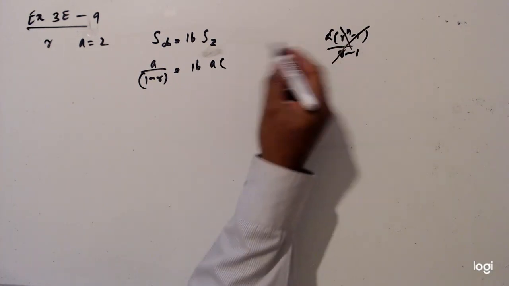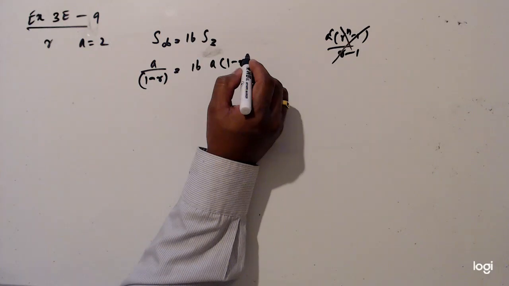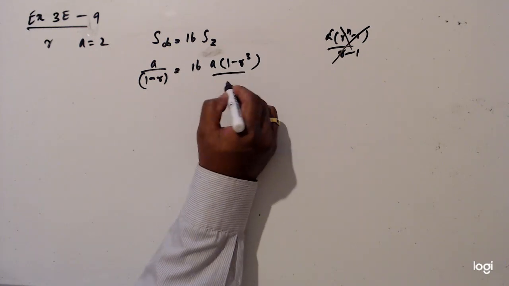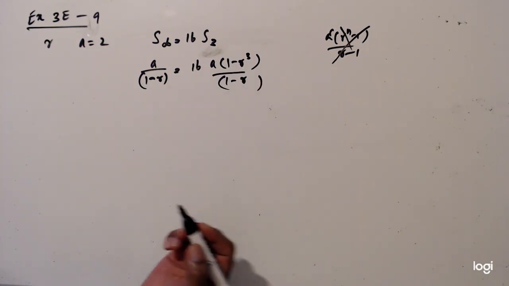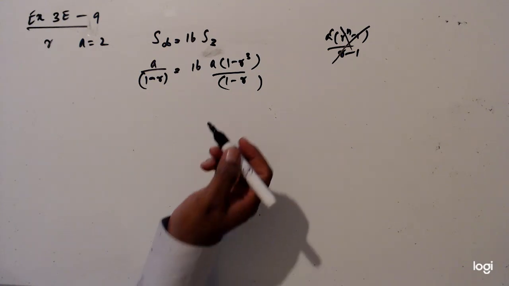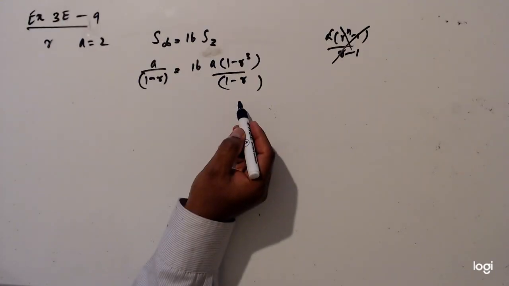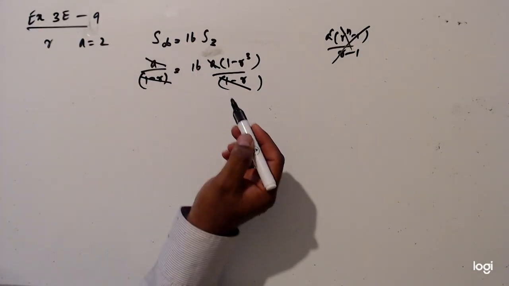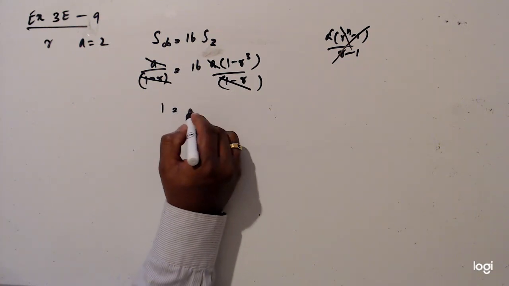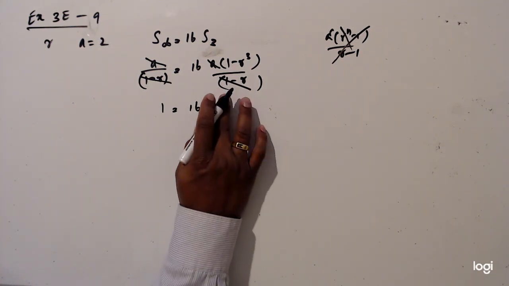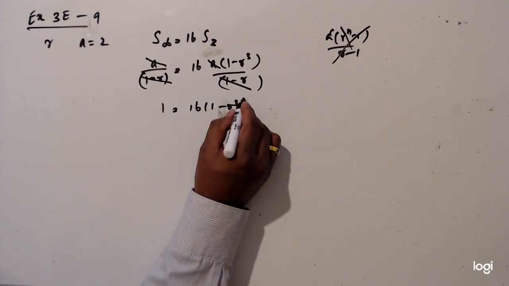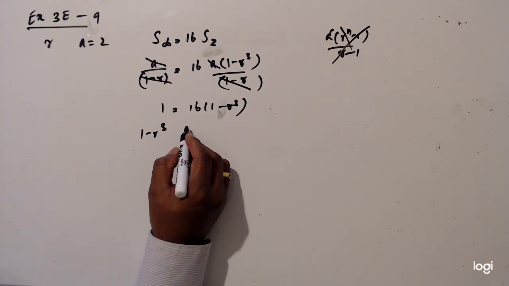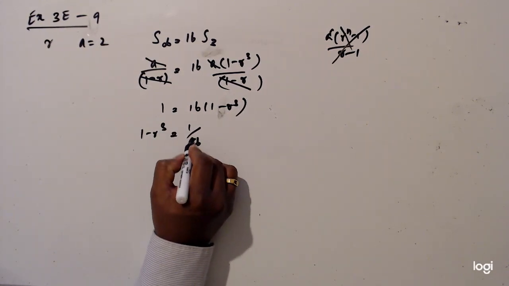We use the other formula, a times 1 minus r cubed over 1 minus r. Now we can see that 1 minus r cancels out, and a cancels out, and 1 equals 16 times 1 minus r cubed. So 1 minus r cubed equals 1 over 16.